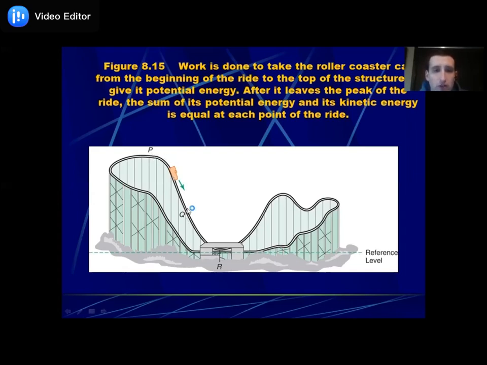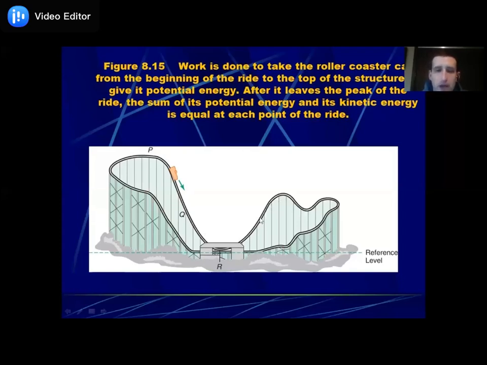Your height decreases and you gain velocity because of that, just the same as we did with kinematics, that gravity accelerates things downward, but now we're thinking about it in terms of energy. You lose height, you lose potential energy, you gain velocity, you gain kinetic energy until at the bottom of the hill you're going very fast, which is very exciting. And then you proceed to go up and around all the other hills, which are subsequently shorter than the first hill because you do lose some energy due to friction.